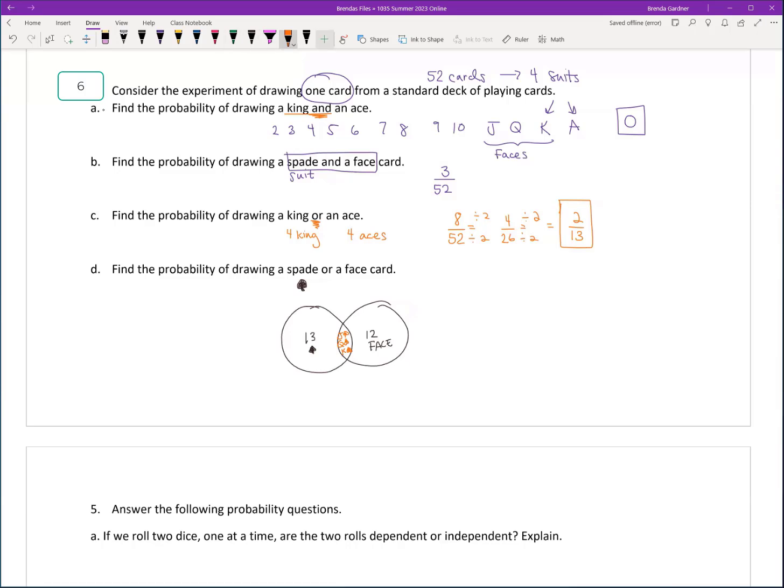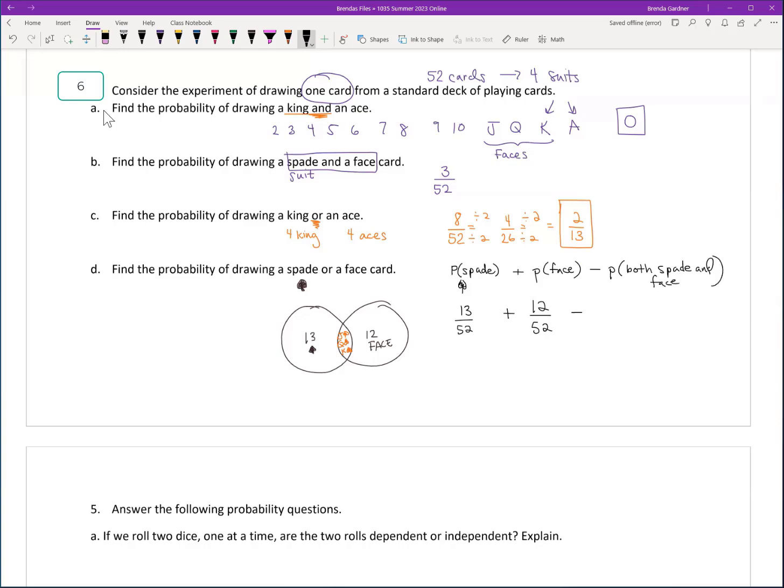And so to figure out an or statement, we would say that we have 13 out of 52 for the probability of spade, plus the probability of a face card, which is 12 out of 52, but we're going to subtract the probability of being both a spade and a face.